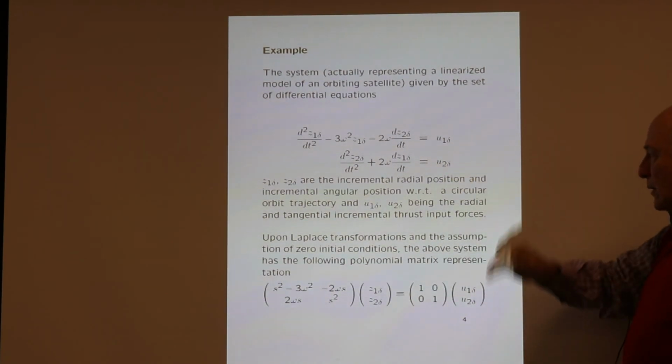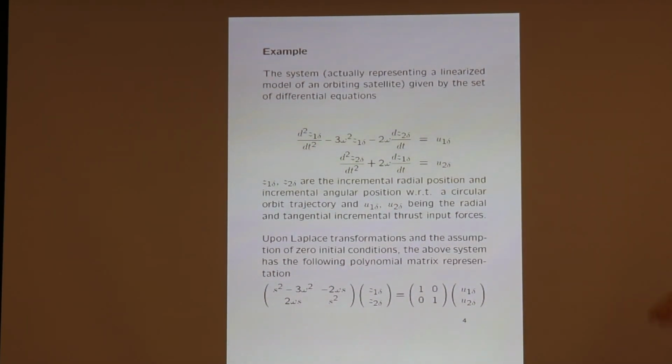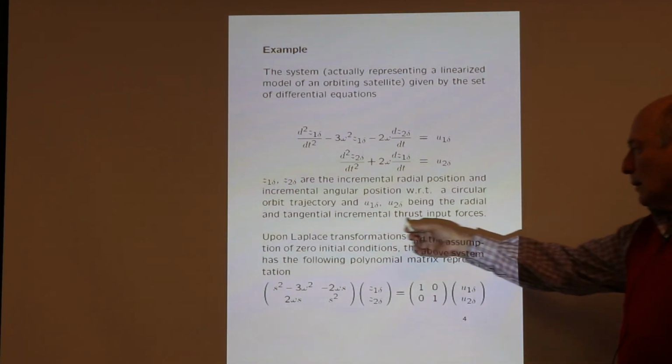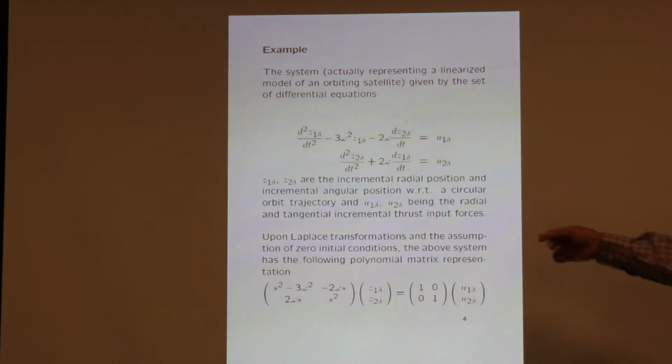The tangential direction will produce motions that can make the satellite go to a higher orbit or to a smaller orbit, and the other one can change the radial thrust.